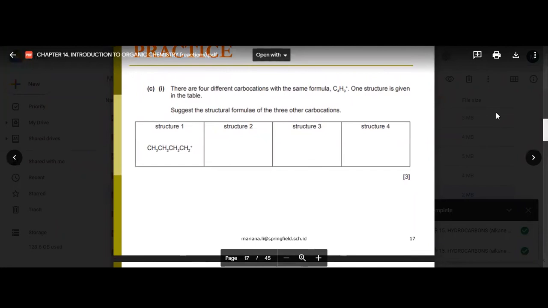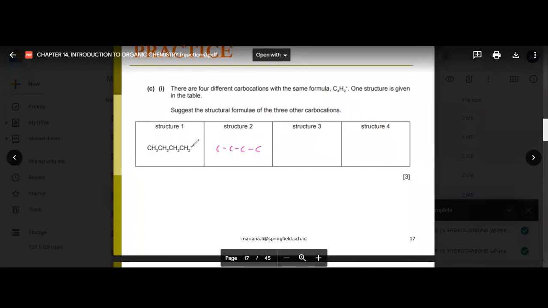Next question, there are 4 different carbocations with the same formula C4H9+. One structure is given in the table. Suggest the structural formula of the 3 other carbocations. Okay, let's discuss this. This is the same as when you make isomers. First, we can change the position of the positive charge.